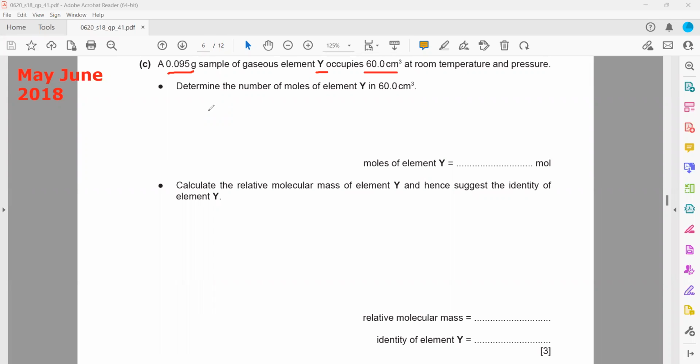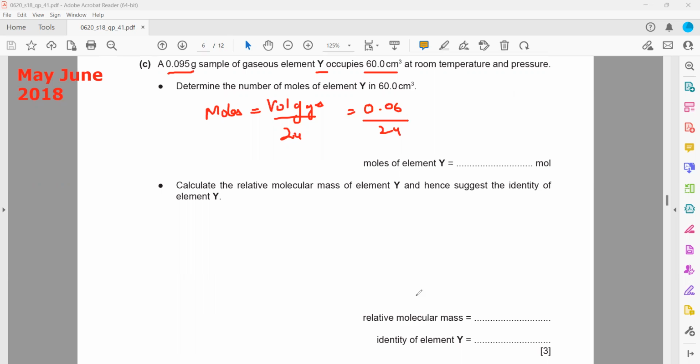So then I will use the formula that moles equal the volume of the gas divided by 24. But the volume of the gas should be in decimeter cube, so I have to convert 60 cm³ into decimeter cube. To convert, I divide by 1000, so this will be 0.06 divided by 24.